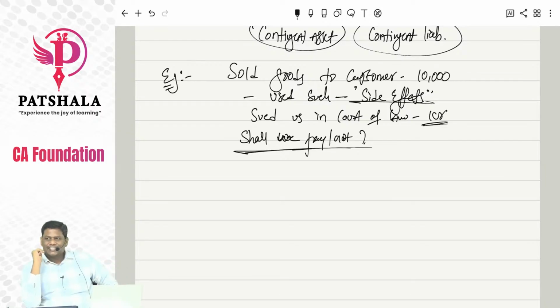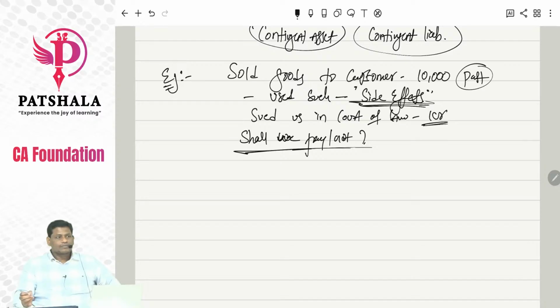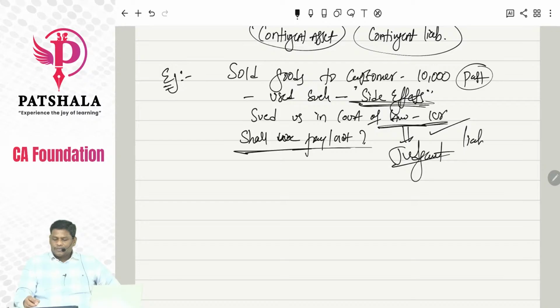What is the past event in this? The past event is that we sold goods. The present situation is the side effects. Now he filed a case against us in the court of law. When will our liability arise? When the court gives a judgment that yes, you have to pay this 1 crore, then our liability will arise.